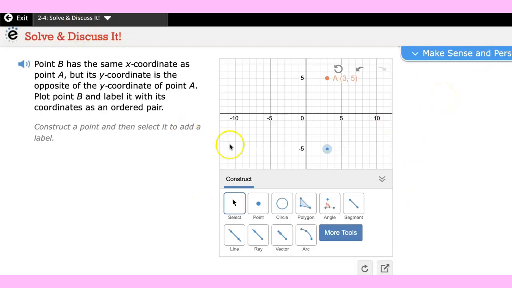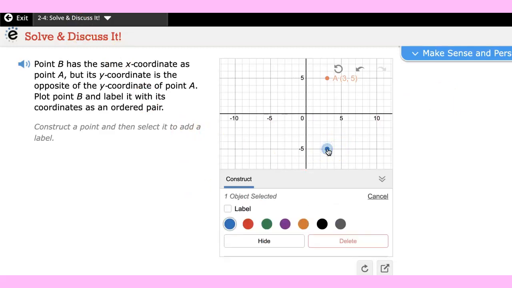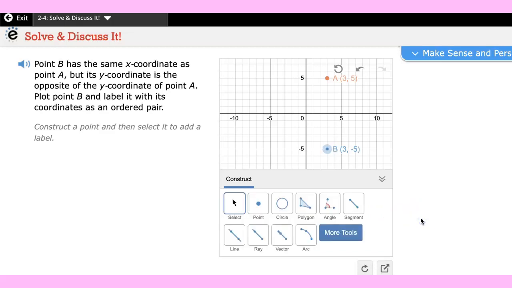It says select to label, so I select that, and then we're gonna label it B. And the point will be 3, and since it's the opposite of y, there we go, and that's where your answer is. All right, so let's look at the next example.